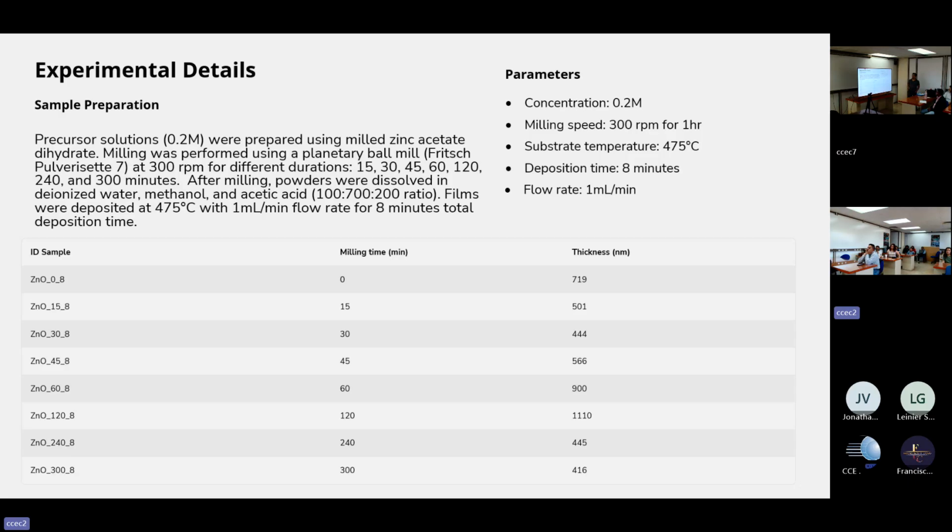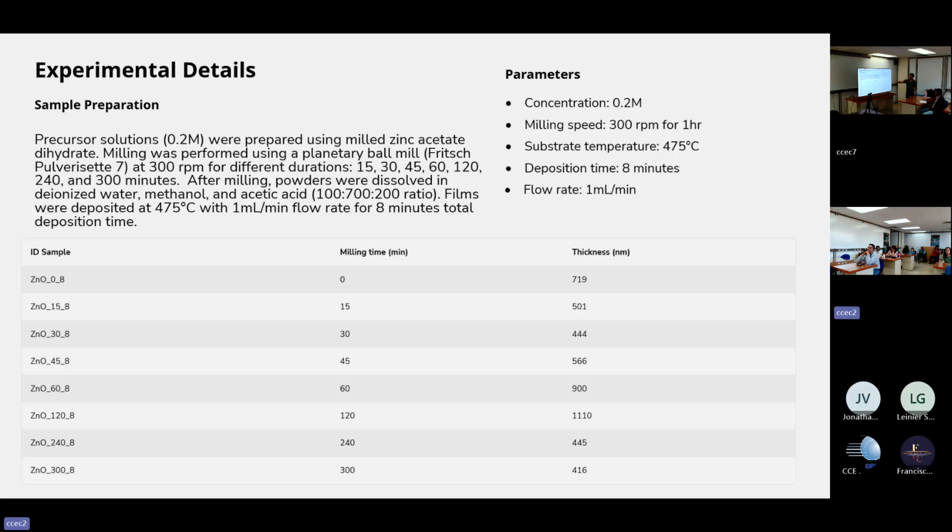The films were deposited on glass substrates at 475 degrees Celsius with a flow rate of 1 milliliter per minute and a fixed deposition time of 5 minutes, using the pneumatic pyrolytic spray technique.